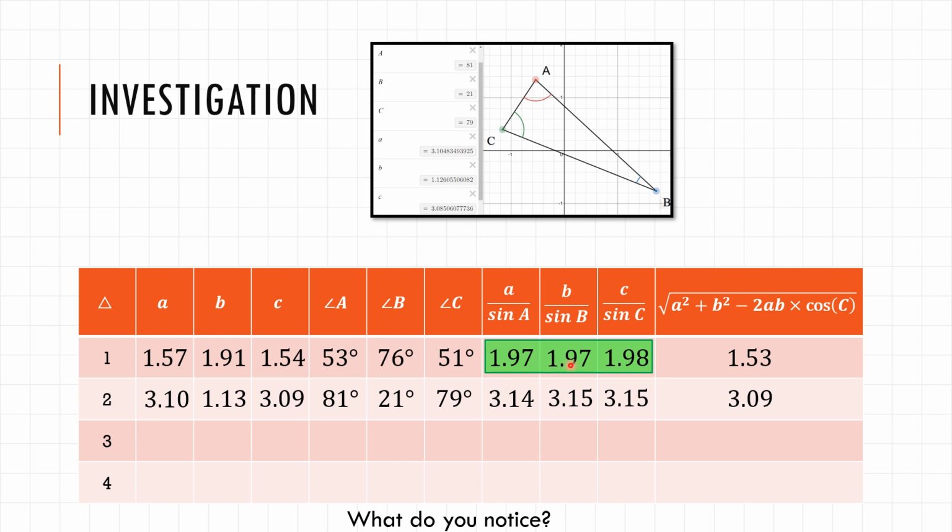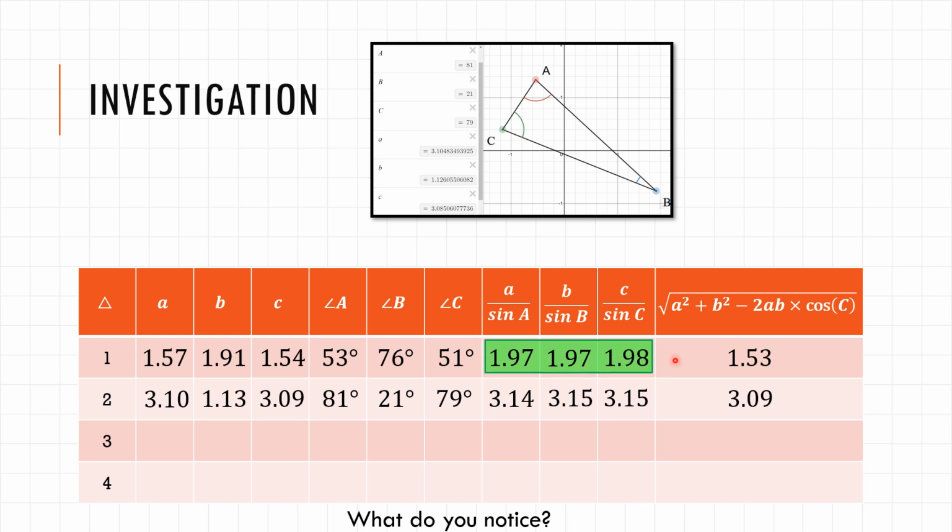In fact, I think the only reason why there's any difference in them might be because we rounded some of these numbers over here when we wrote them down, didn't we? Notice that our triangle has way more digits than we actually wrote down. And maybe if we included all the digits, we would end up with the exact same values.